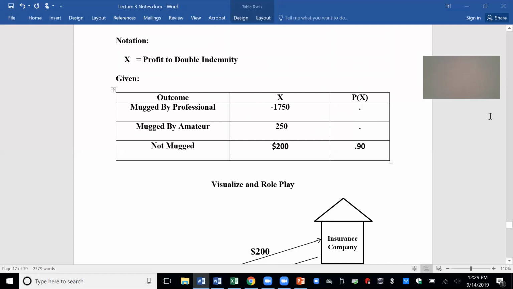Then within that 10%, 60% of those are performed by professionals. So it is 60% of the 10% or 6% chance we are mugged and it's by a professional, and there's a 4% chance we're mugged and it's by an amateur. Do we add up to 1 now? Yes, we do.